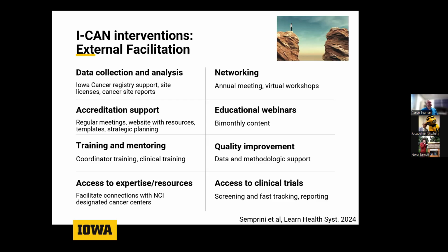And then some pretty intense strategic planning. We have an implementation team that consists of a medical director, a tumor registrar, program manager, and a few other key support personnel that meet with the hospitals regularly.